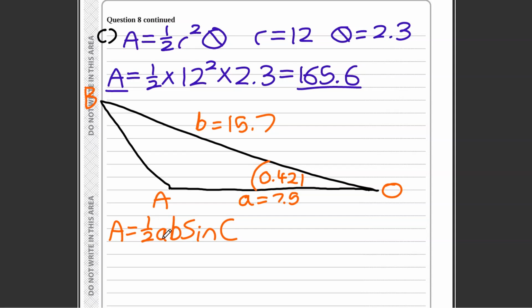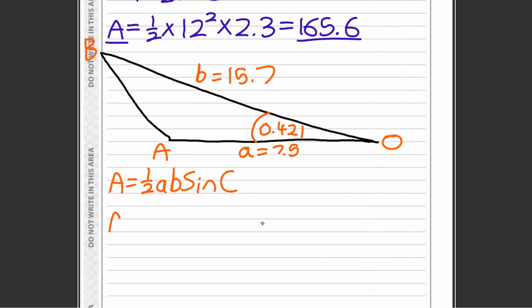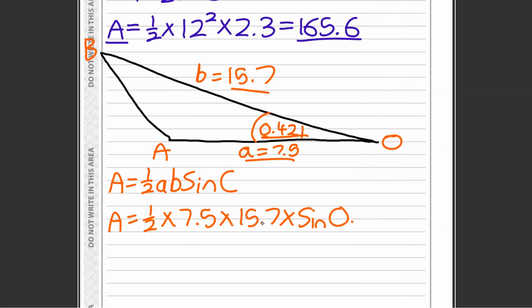Now we can figure out the area because we know a, b, and we know C. So the area is equal to half times a, which is this 7.5 here at the bottom, times b, which is this 15.7, times sin C, this angle here, 0.421. If you put this into your calculator, you get a value of 24.061 if you round it to 3 decimal places.